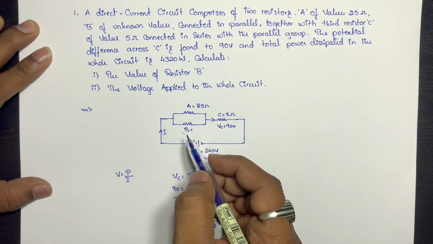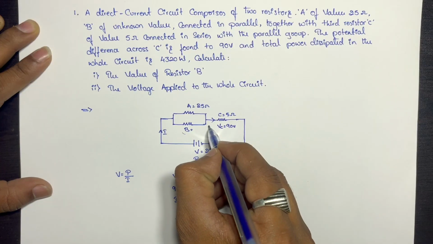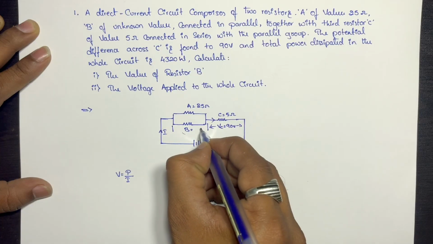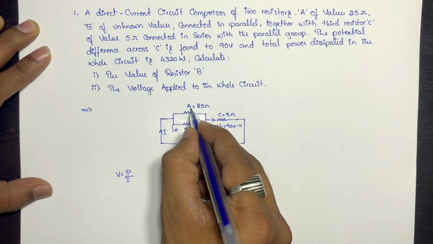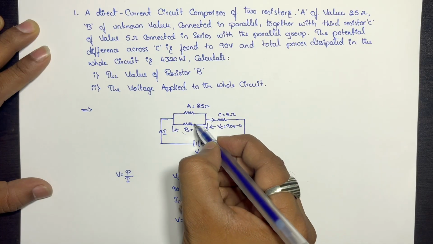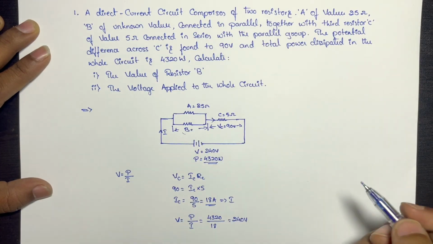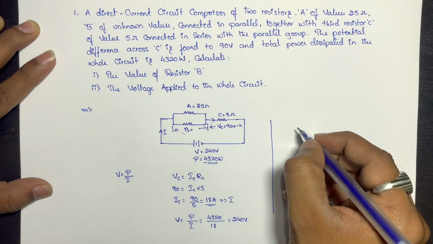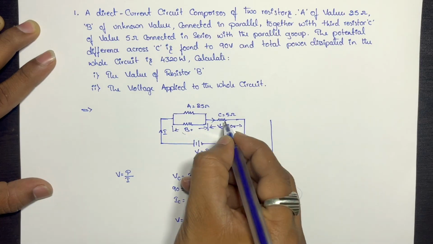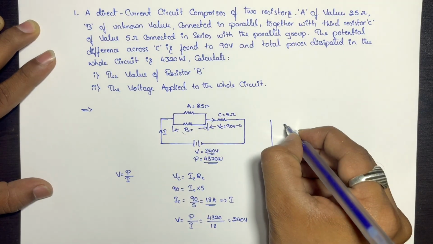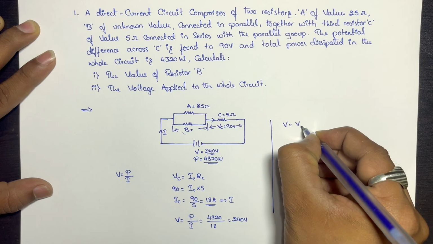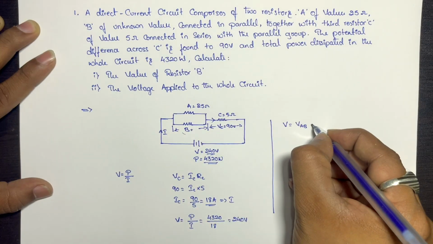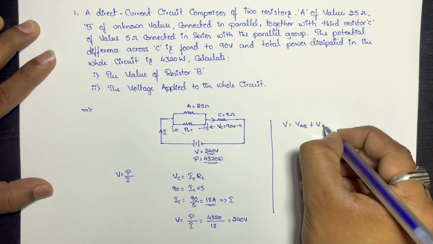In a series circuit, the voltage divides. Since we know the value of voltage across resistor C, now we need to calculate the voltage across resistors AB. Since resistors A and B are in parallel, the voltage will remain the same. Now let us calculate the voltage applied across resistor B. If we take these two as series, the total voltage applied V is equal to VAB, that's the voltage across resistors AB, which remains the same, plus the voltage across VC.